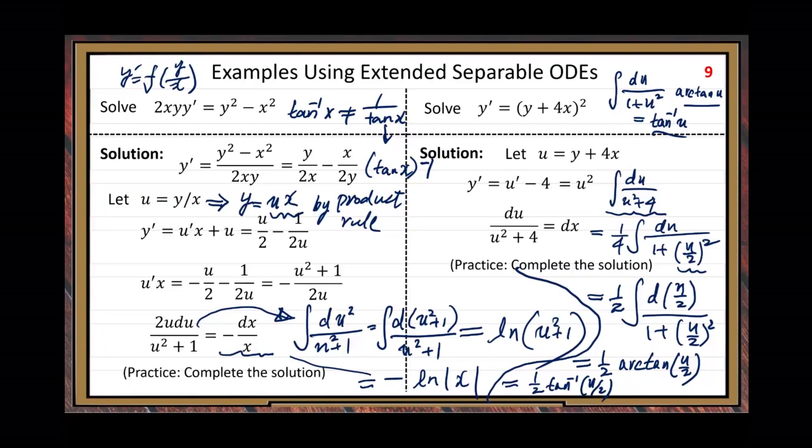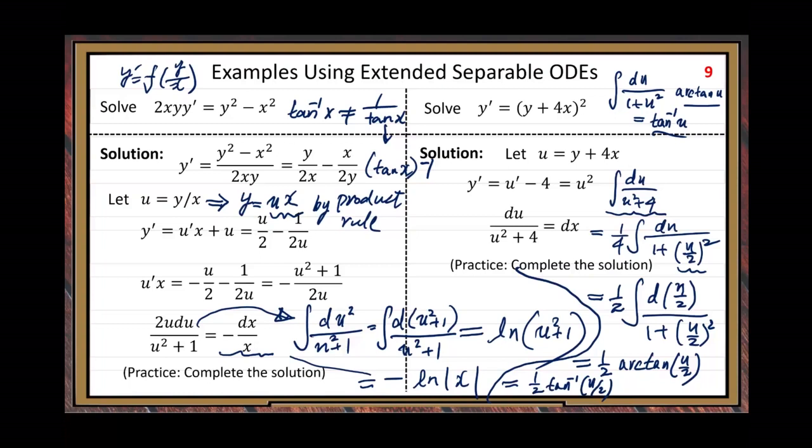Then, inverse. So u over 2 equals tangent of 2x plus 2c. Then u equals 2 times tangent of 2x plus 2c. Can you see that? U expressed in terms of x.